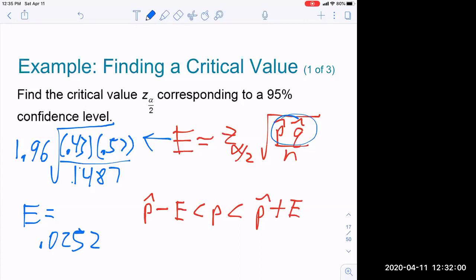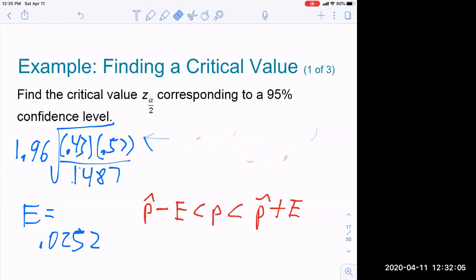Let me erase this. And now I'm going to finish my confidence interval. P hat 0.43 subtract 0.0252 is less than P is less than, I can't believe I don't have enough room here.